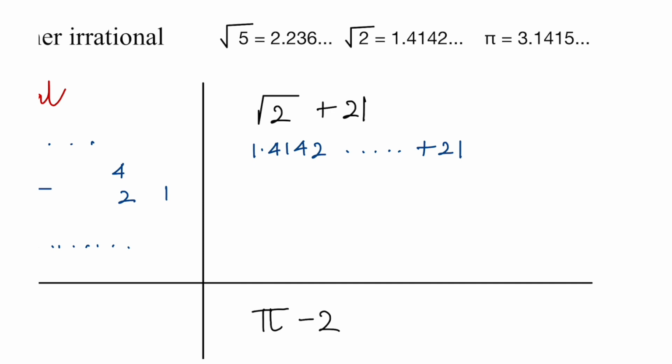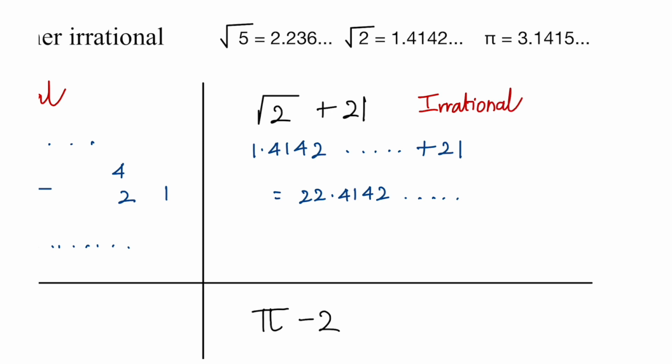Now if we add this to 21, it would simply be 22.4142 and so on. So this is the value of root 2 plus 21, and obviously you can tell that root 2 plus 21 is also irrational because it is non-terminating and non-repeating. So this is also irrational.